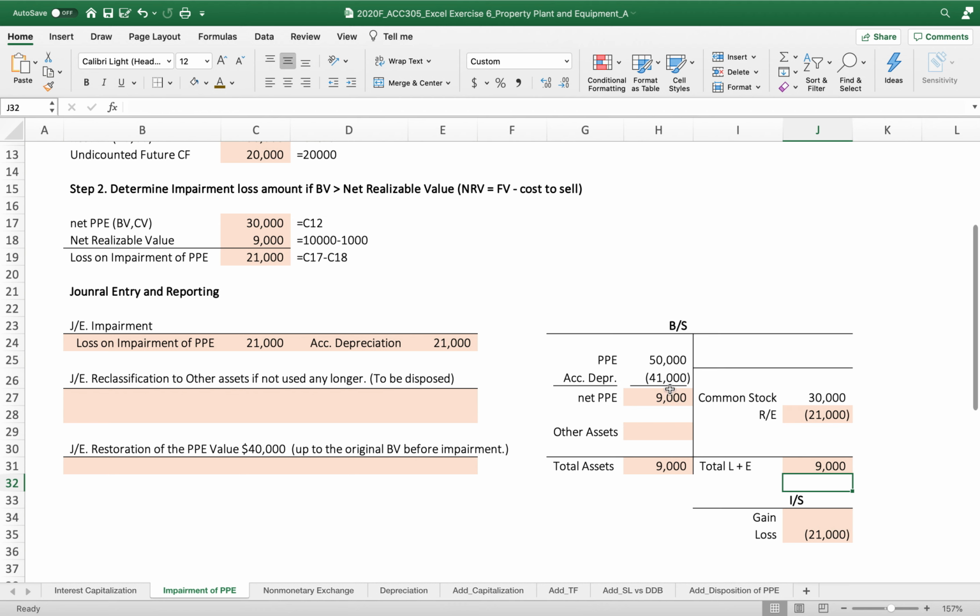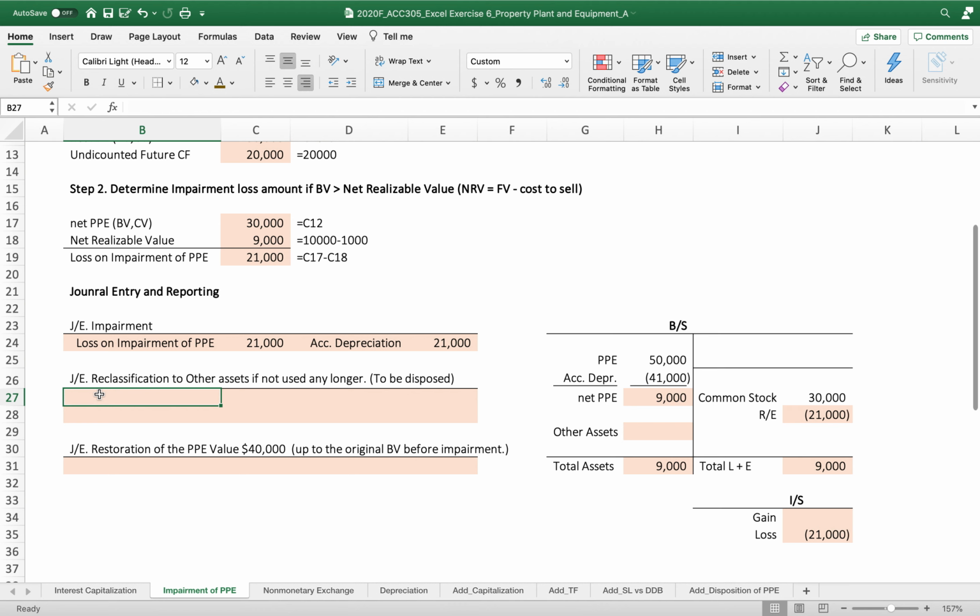But if this asset is useless and about to be sold off, then we put this fixed asset in the other asset category, so that it is never depreciated from then on. Okay, so other asset is not going to be depreciated because it's about to be sold.